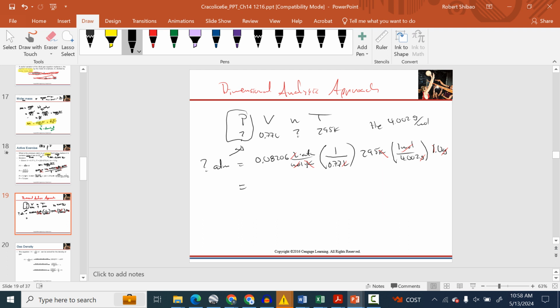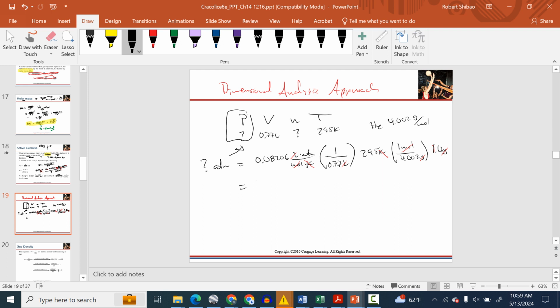atmospheres. So in this particular case, I didn't have to memorize any equation. I'm just using dimensional analysis. Dimensional analysis is just trying to get rid of the units. So let's see what I get. 0.08206 divided by 0.77 times 295 divided by 4.002 times 1.